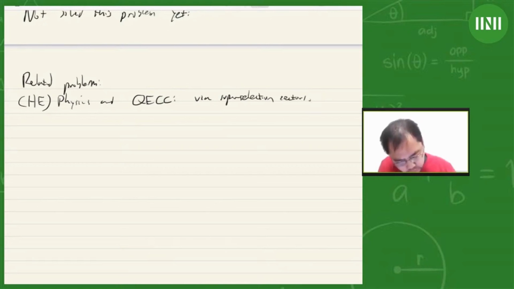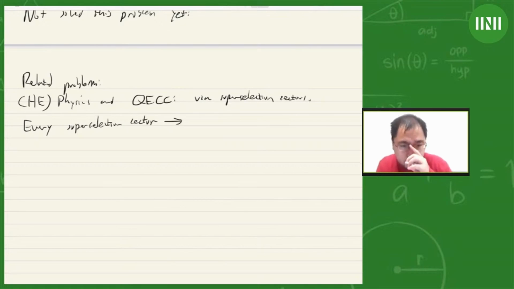So we can show that the existence of superselection sectors implies the existence of a quantum error correcting code. And in particular, this implication is because superselection sectors imply the validity of the Knill-Laflamme condition.